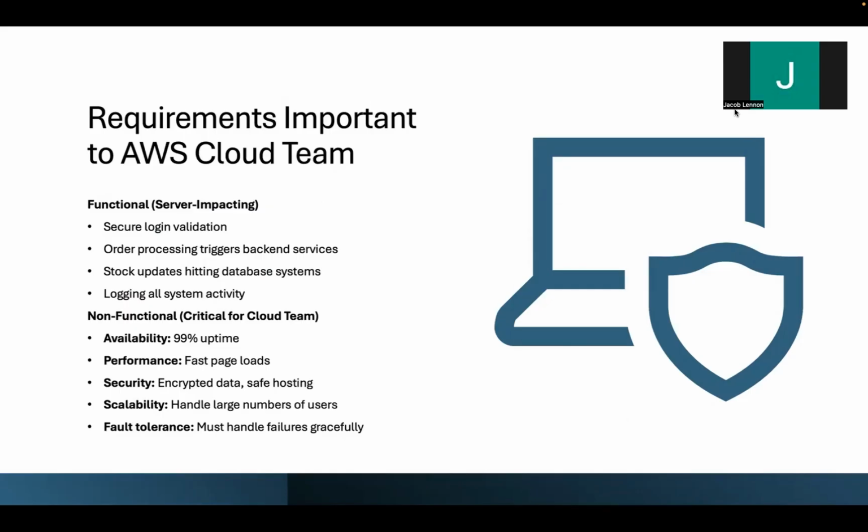The non-functional requirements, such as availability, performance, and security, are the main ones. The system also needs good scalability to handle a lot of users and to limit how many faults and errors happen. Especially if one part fails, they don't want the whole system to go down. So it's their job to make sure that doesn't happen. These requirements guide how the system should be hosted and how they need to support the system.